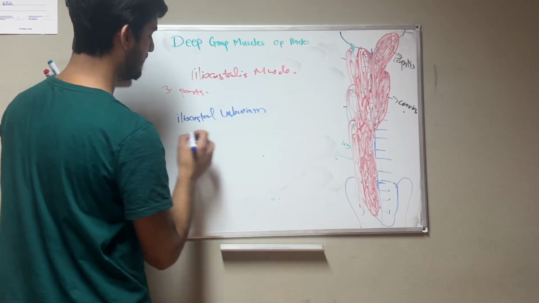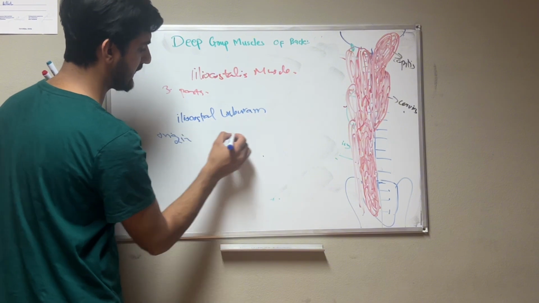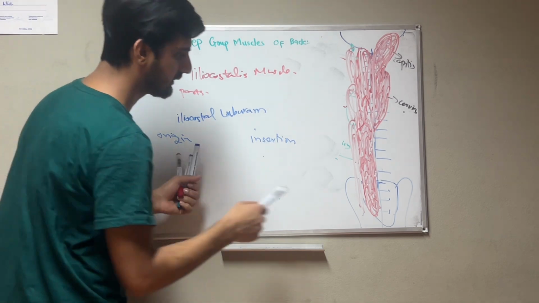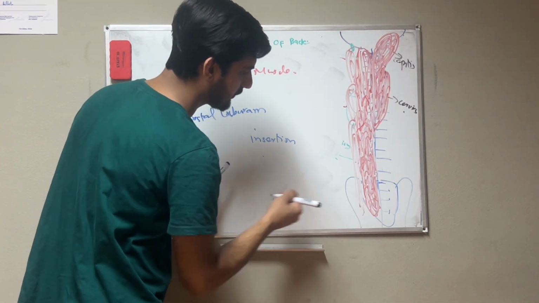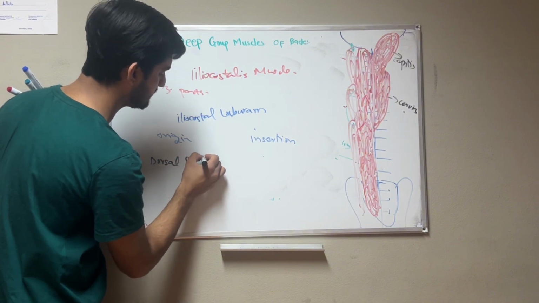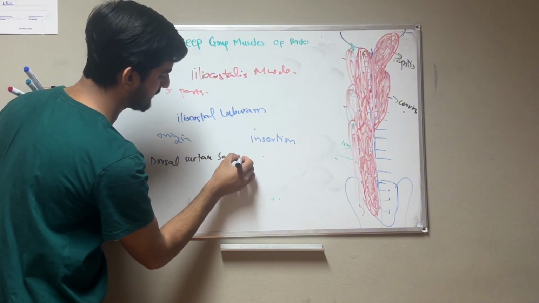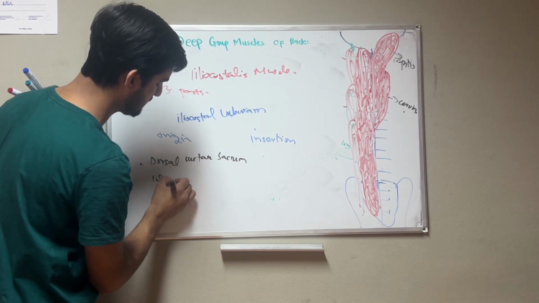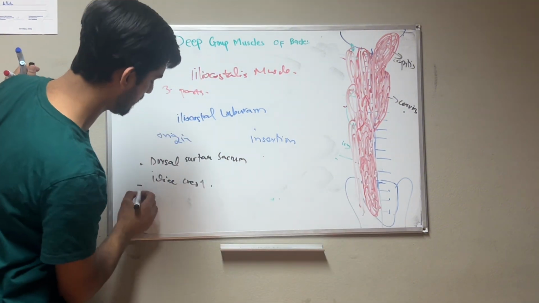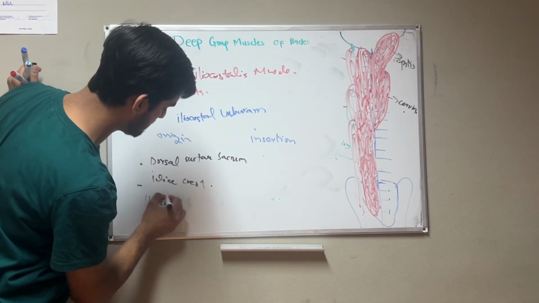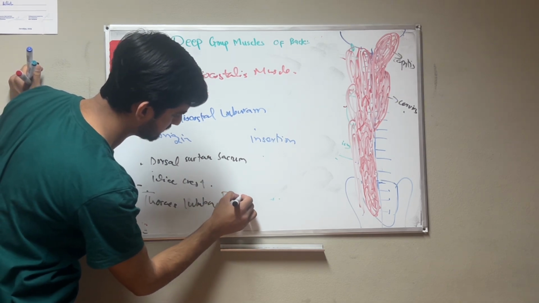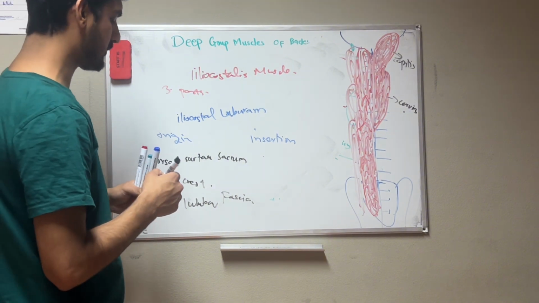We have origin and insertion. Origin: dorsal surface of the sacrum, iliac crest, and also the thoracolumbar fascia.